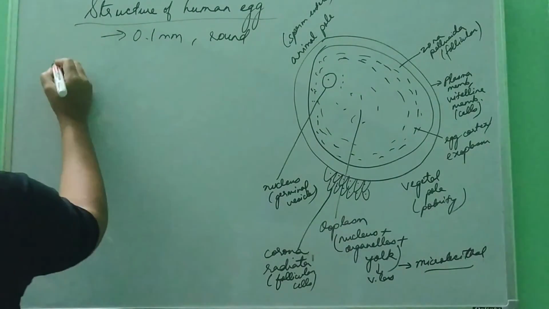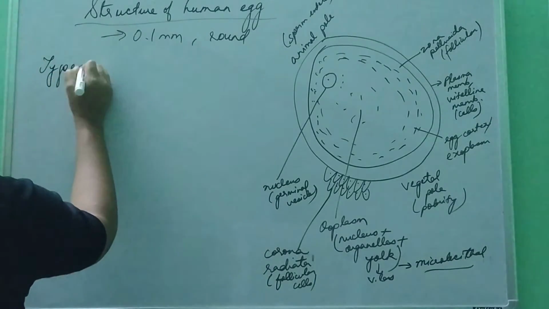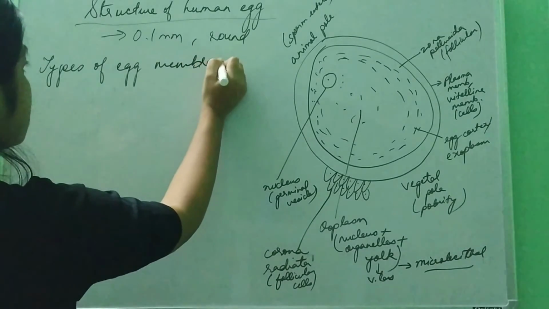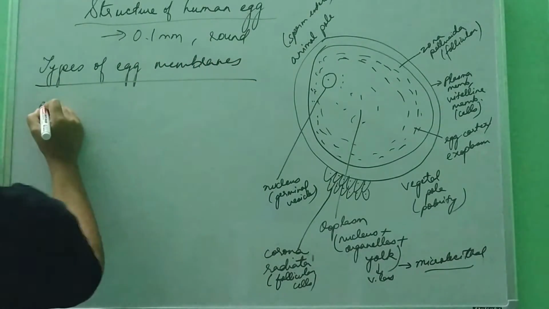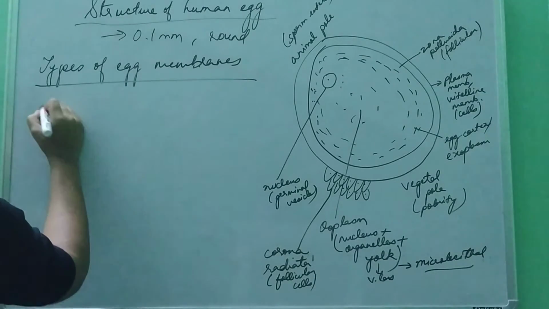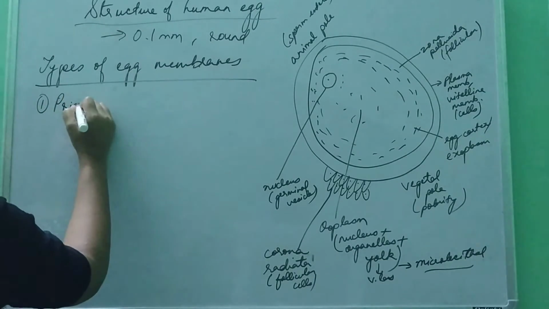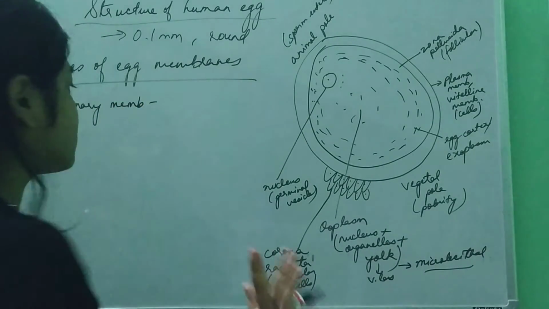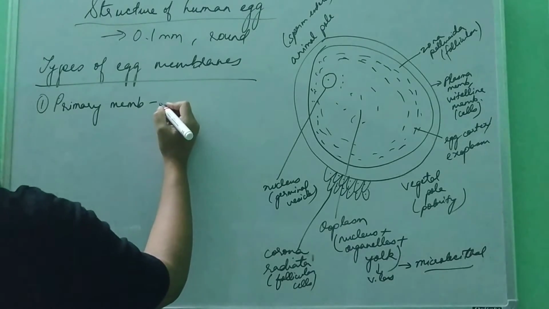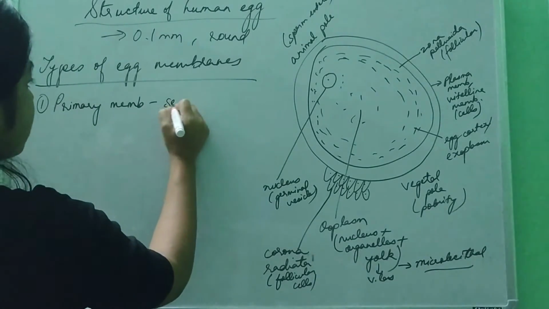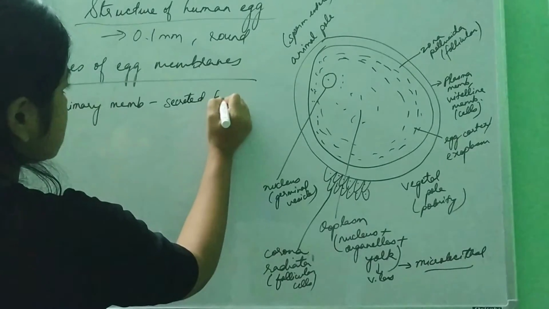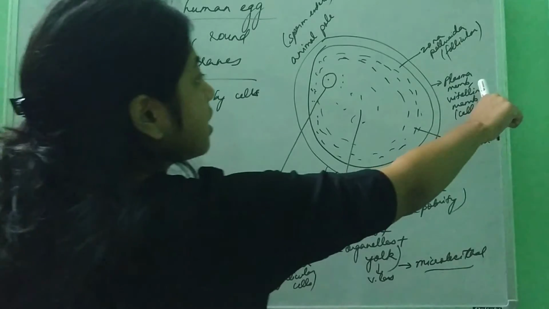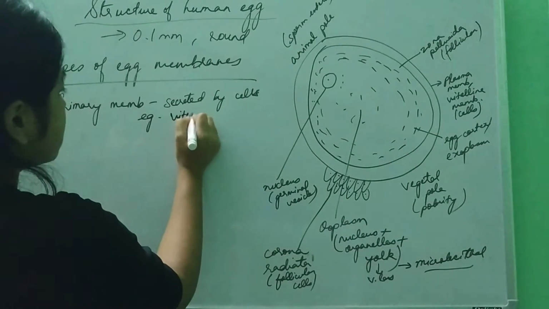Now the types of egg membranes. The first type is the primary membrane. You just have to know the definition and one example. Primary membranes are secreted by the cells themselves. The example is the vitelline membrane, which is secreted by the cell.